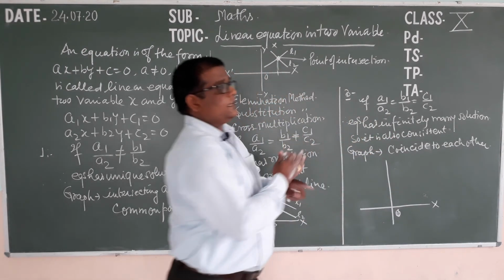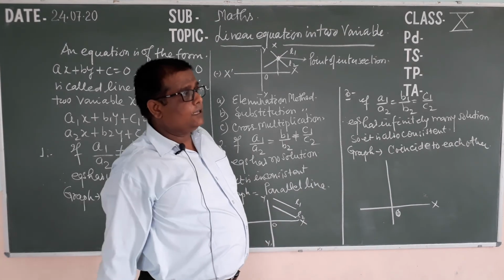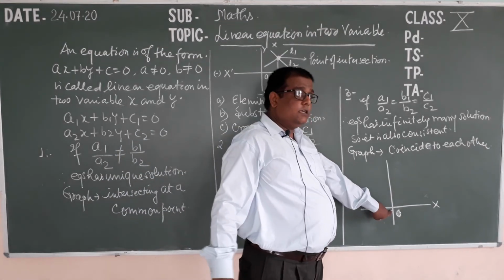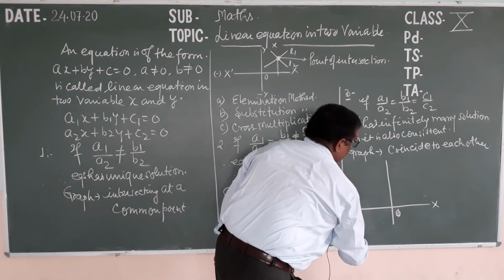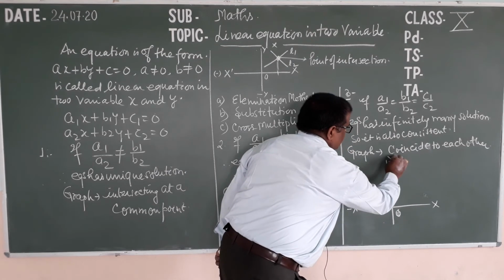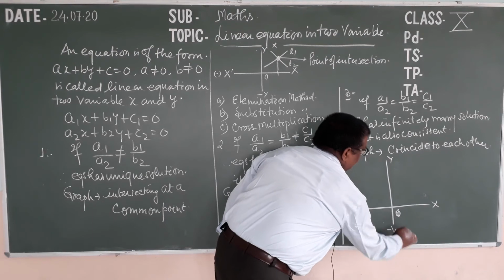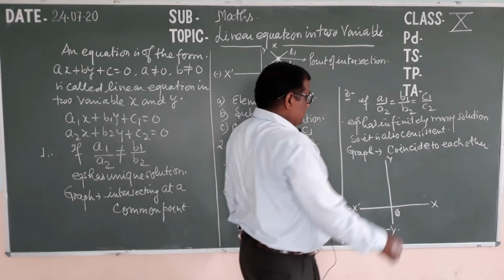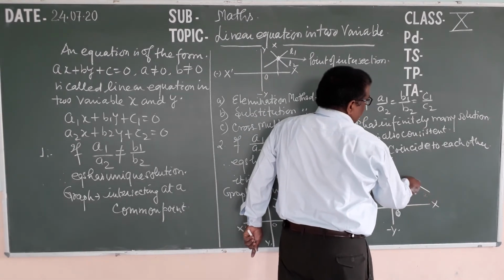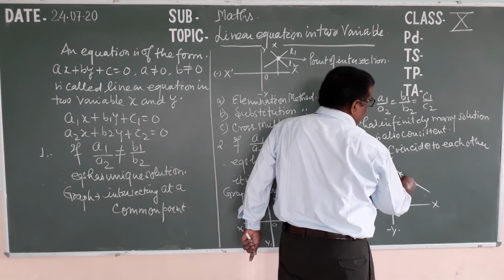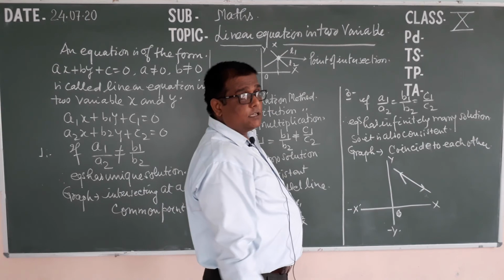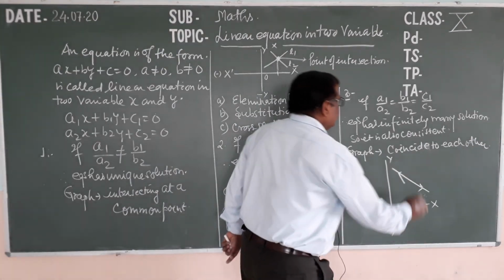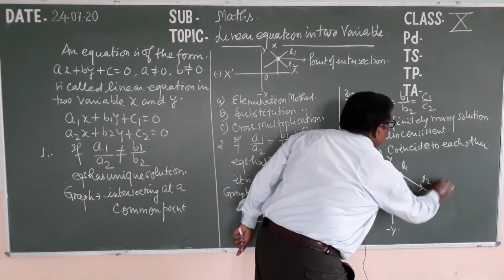If two lines intersect at a point perpendicularly, then this point is the origin, and this is the negative side of the x-axis, x dash, y and y dash. The graph will be of this type: both graphs lie on only one line. This is a coincidental line, L1 and L2.